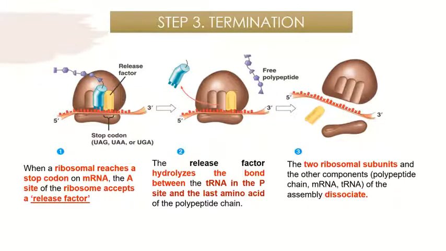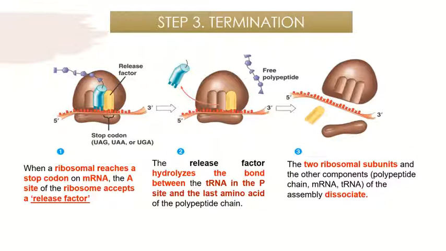For the termination process, when a ribosome reaches a stop codon on the mRNA, the A site of the ribosome accepts the release factor. So here, the stop codon will be detected on the mRNA strand.